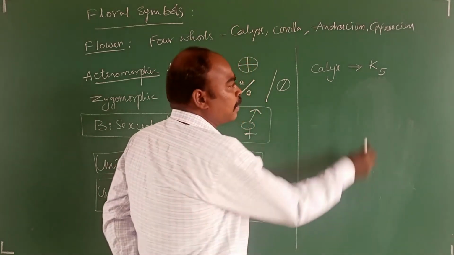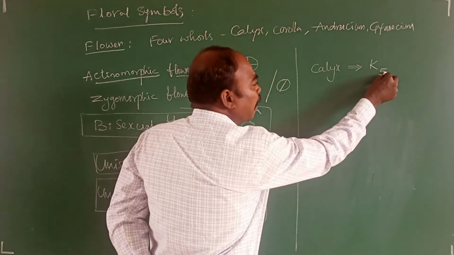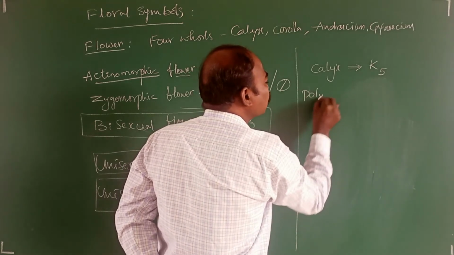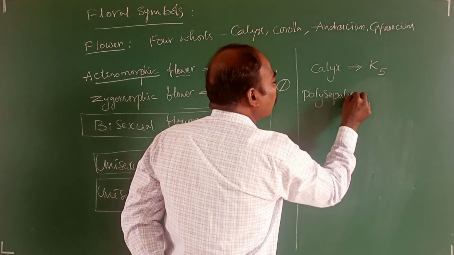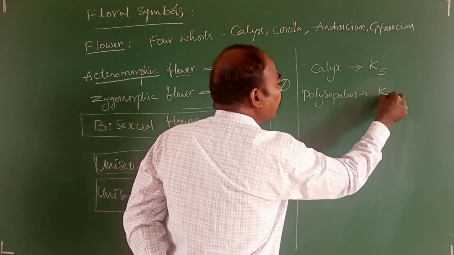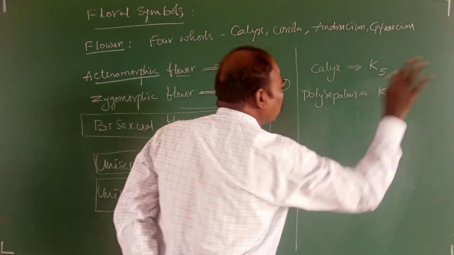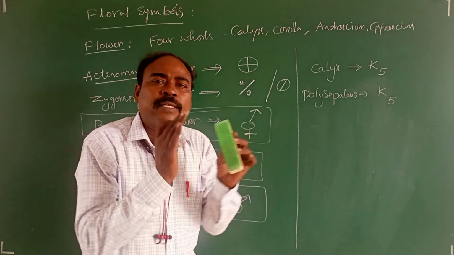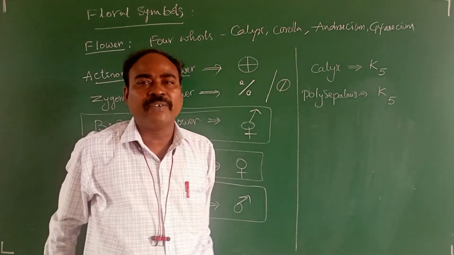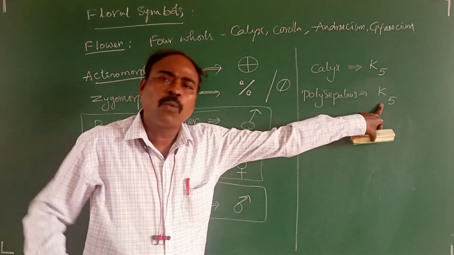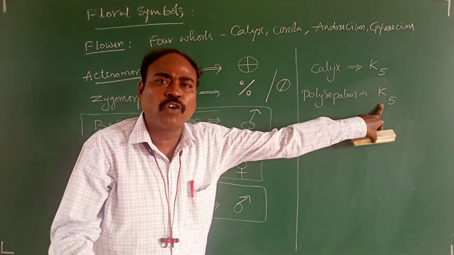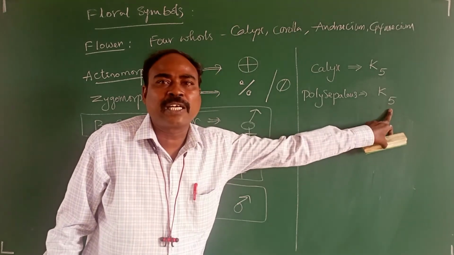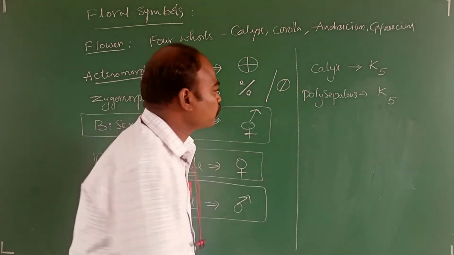For example, suppose K5 without brackets, it is said to be polysepalous. What does it mean? The sepals are 3 or 5 in number, whatever the number may be, 3 or 4 or 5 or 6. The number indicated without brackets is said to be polysepalous.